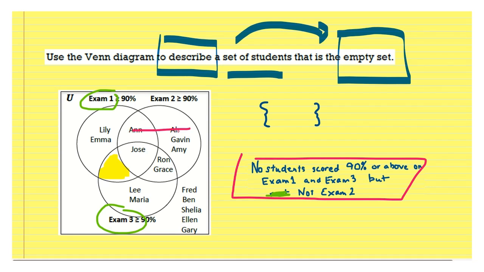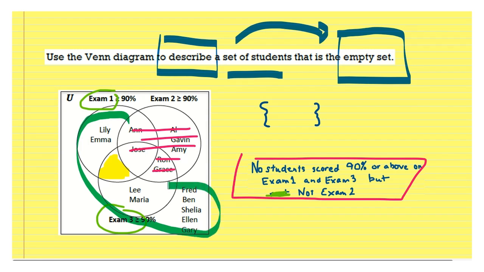So that means we would literally mark all of this, and the area would be not that, would be all of this. So it'd be all of that would be the not area. But then scored higher on exam 1 and exam 3.